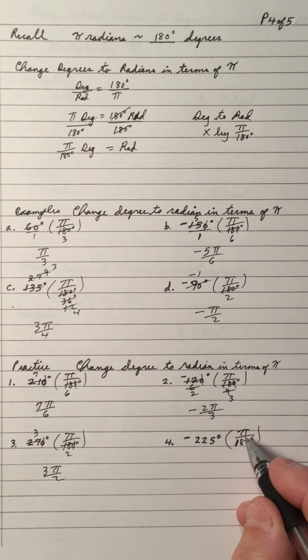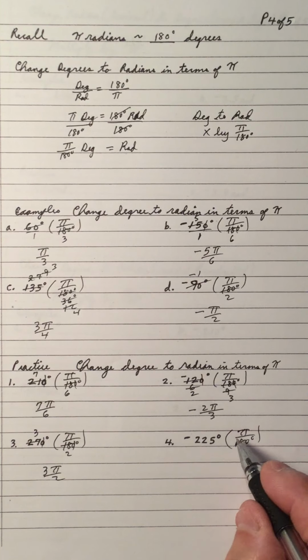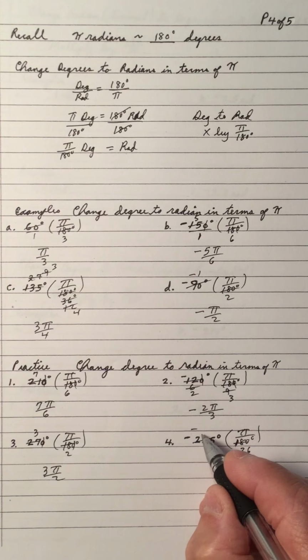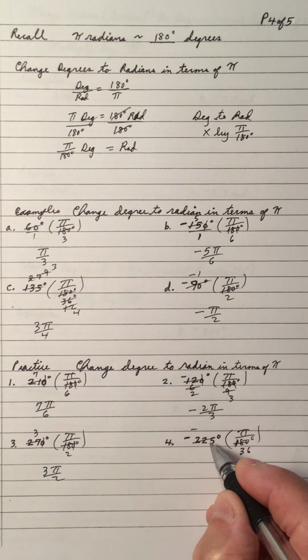And 5, you can do 45s, you can do 5s. 5 into 180, I see a 5 is a 36. 5 into 225 is 45. And I see a 9. 9 into 45 is a negative 5. 9 into 36 is 4. So it's a negative 5 pi over 4.